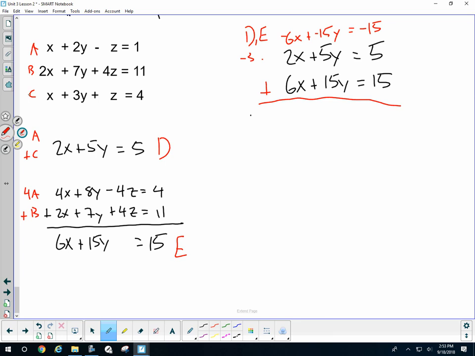Add those together, and you get big fat zeros equal to 0. That means we have a situation where some of our lines are going to end up on top of each other. There's infinitely many solutions.